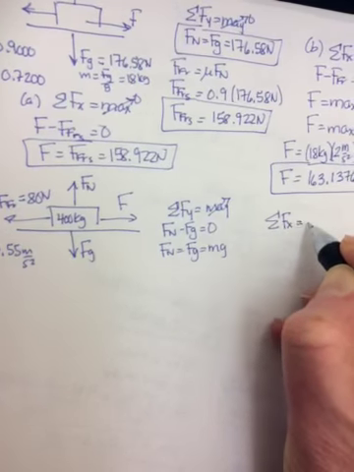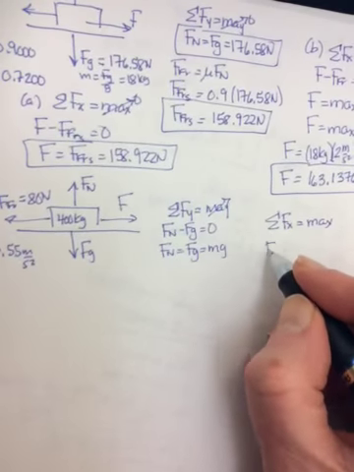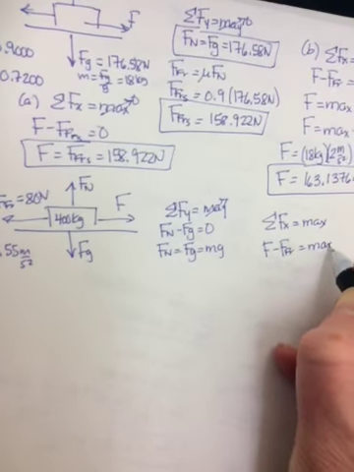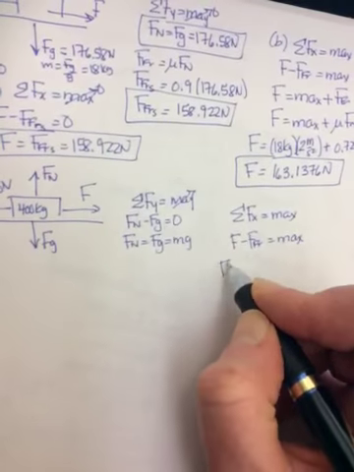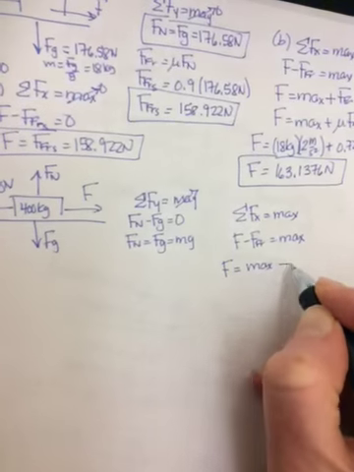So sum of the forces in the x direction is equal to max, and there's F minus friction is equal to max. And in part A, you're looking for this F. So F will equal max minus friction.